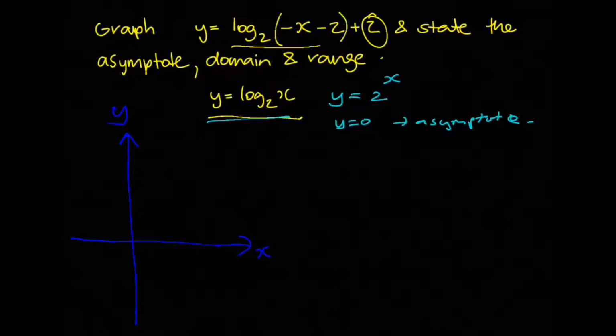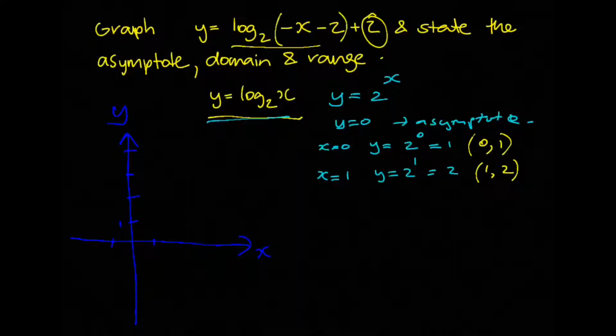Now the y-intercept, when x equals 0, y is equal to 2 to the 0, which equals 1. So we've got (0, 1). And for another point on the graph, when x equals 1, y equals 2 to the 1 equals 2. So (1, 2).